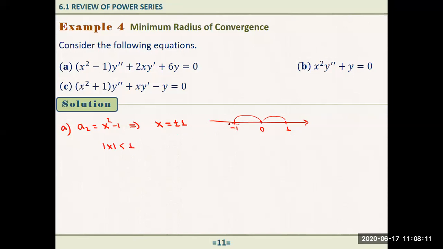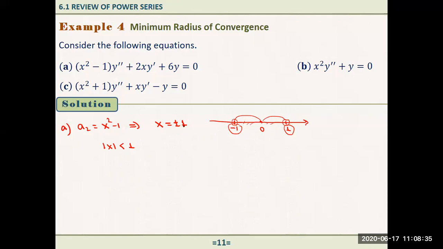Because at this point there's a singular point, and that is the radius, because 0 is the center. All the points between these are ordinary points, but that is the singular point. That means that we can choose any point between -1 and 1, but not -1 and 1.